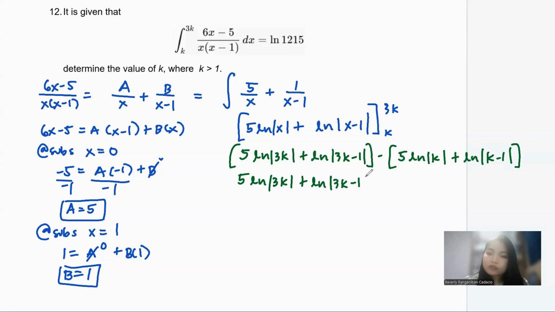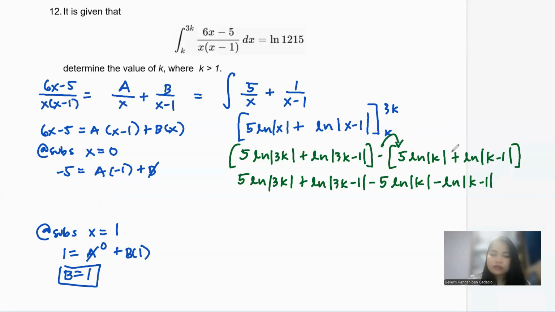I'm just distributing the negative just to minimize errors, and you can visualize first. Okay, minus ln k minus 1. We are just distributing this negative there. It's very important. Let me just write this. So your A is equal to 5.